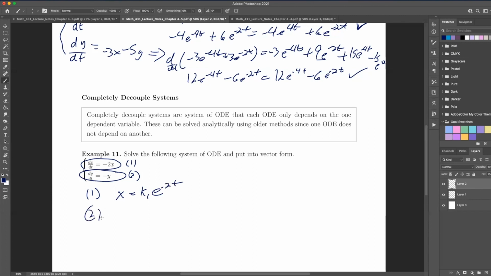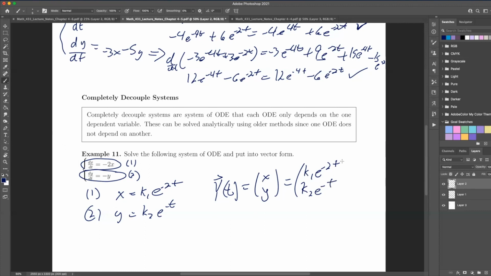Equation 2 is y equal to k2 e to the minus t. And so here we have our solution. If we want to write it in vector notation, y vector of t is equal to x and y, which is also equal to k1 e to the minus 2t and k2 e to the minus t.